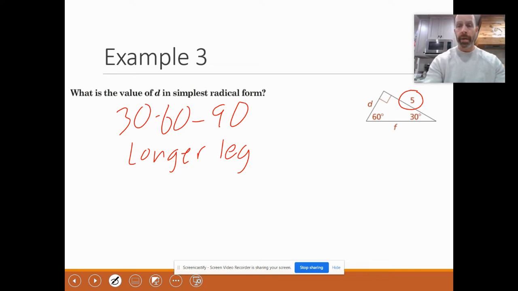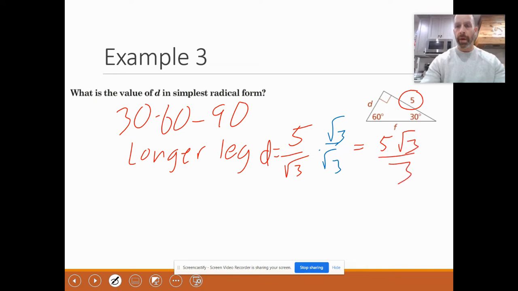Instead of multiplying by the square root of 3, we're going to actually divide. So it's going to be 5 divided by the square root of 3. That's what D is. And again, we're going to multiply by the square root of 3 over square root of 3 to rationalize our denominator. And so we get our answer here of 5 square root of 3 over 3. That is in simplified radical form.